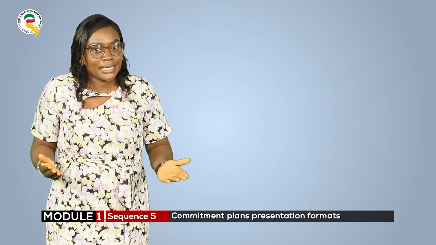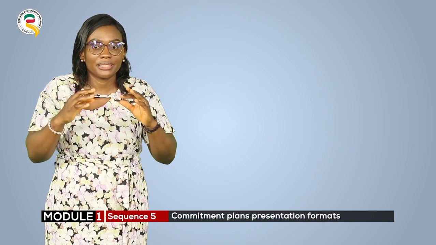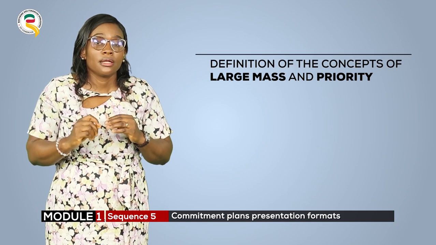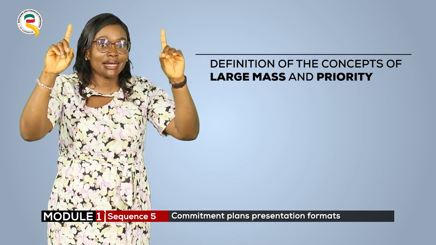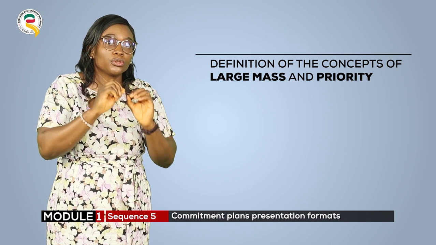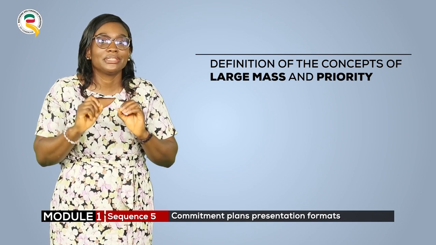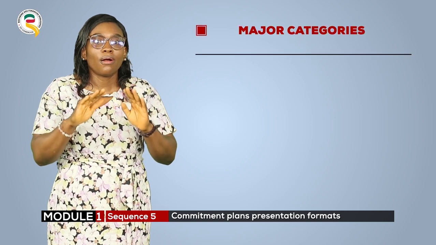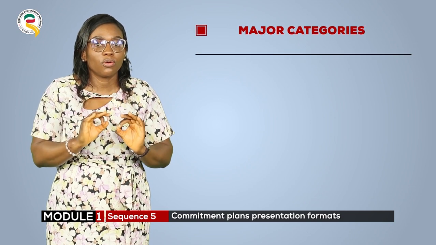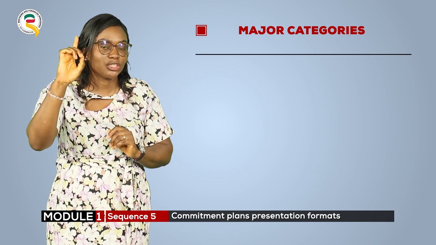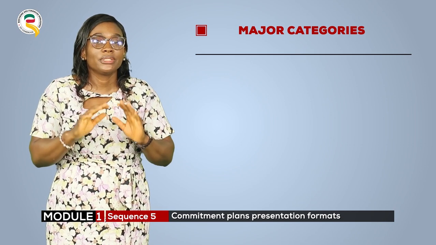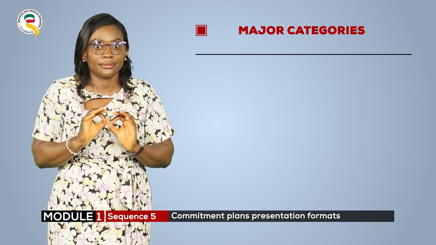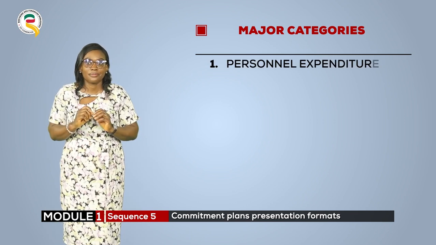A good understanding of commitment plan formats requires that the notion of large mass and the notion of priority be defined beforehand. All expenditure must belong to one of the major categories. We distinguish in order: 1.